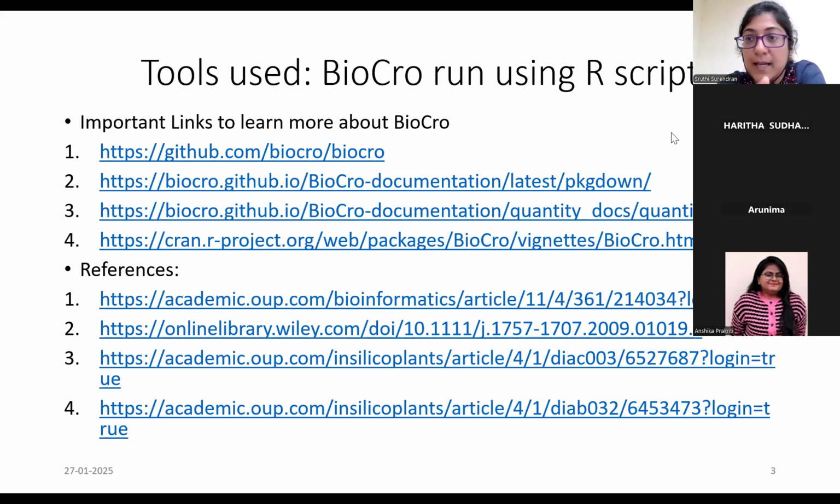Due to time restrictions, I will only be taking about 25 hours of this class, so I will not be able to teach the entire software. But there are ample resources online, on their website and on their GitHub page, where you can go through and read about the model.